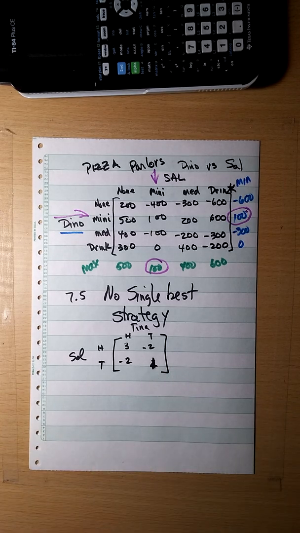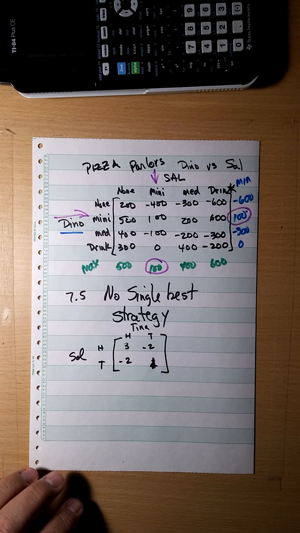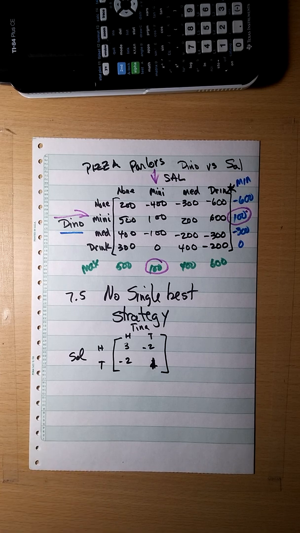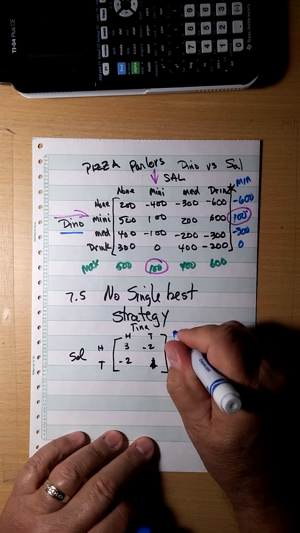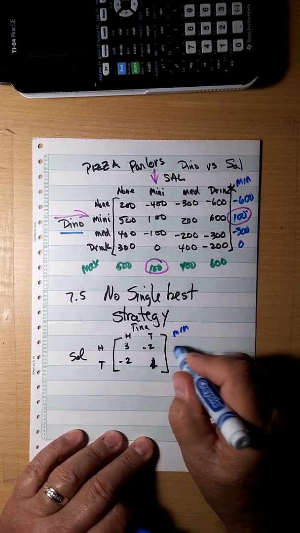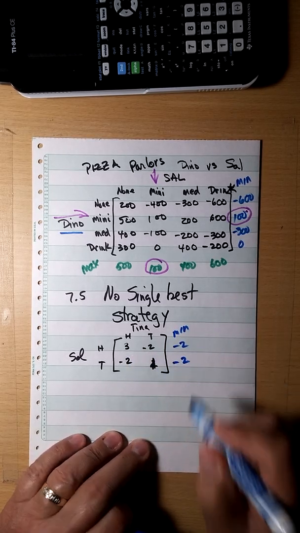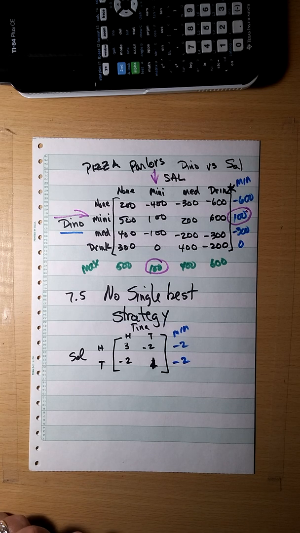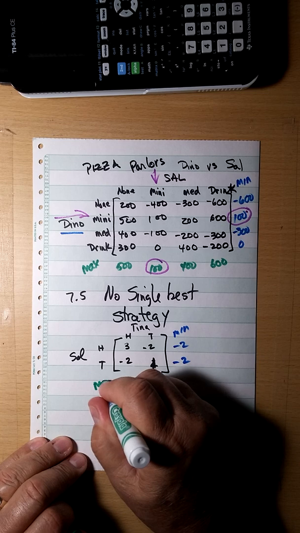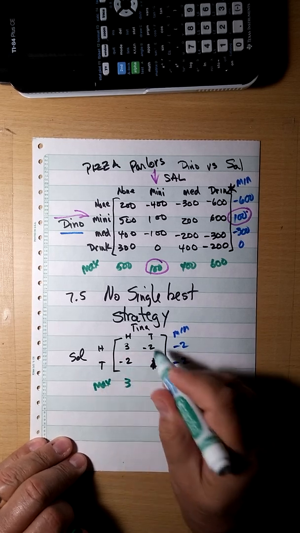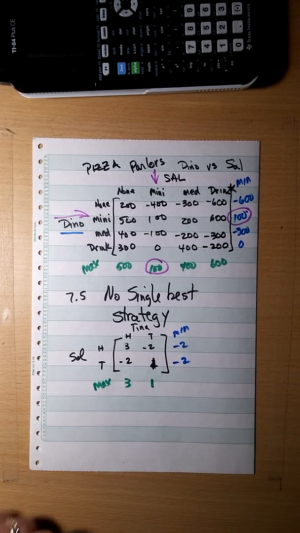So now, what is the best strategy for these? So we take the minimums for the rows. This is a -2 and a -2. The maximums for the columns. This is 3 and this is 1.